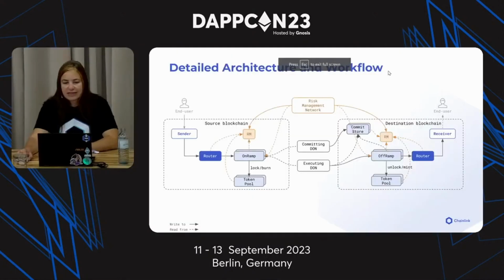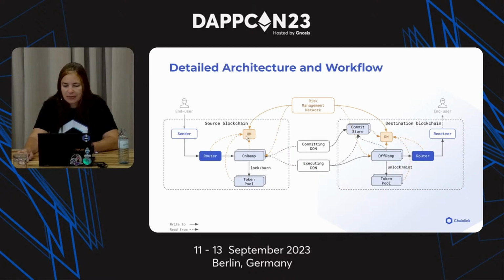So let's come back to my presentation because I have this in a detailed architecture and workflow. Here we are. When the router is sending tokens, the risk management network is writing in a smart contract. This is like another contract that is committing the transaction, and this contract is monitoring all the transactions here as well, using events.